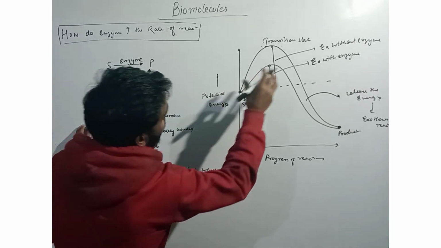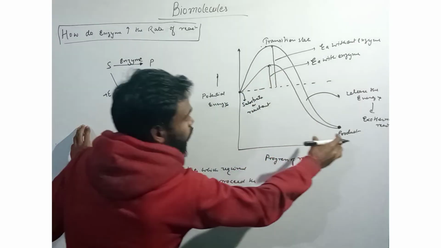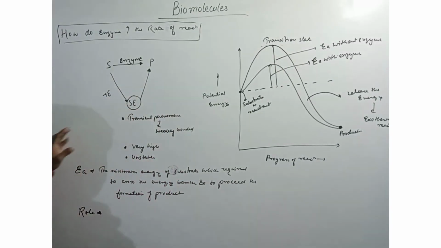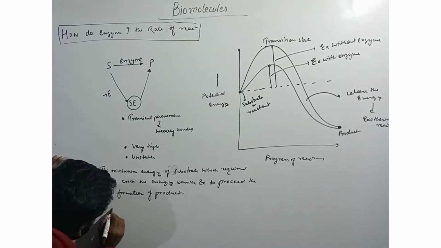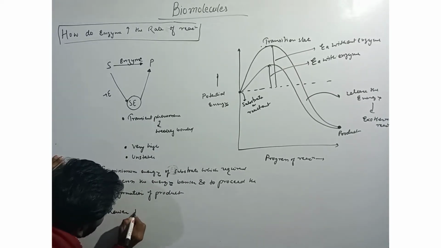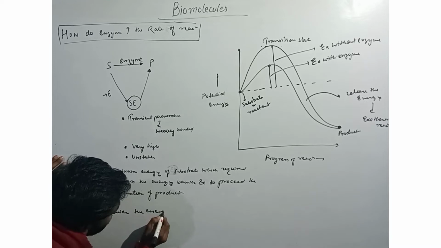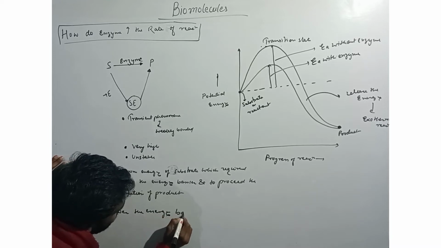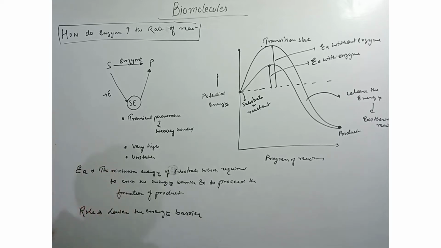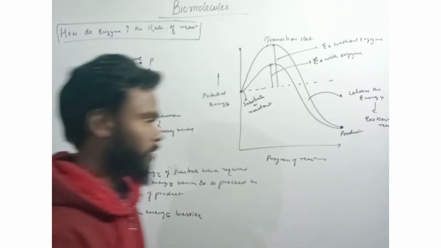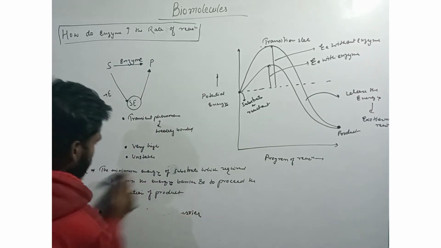When more molecules cross this barrier, more product will be formed. This is how the enzyme increases the rate of a particular reaction. Now let's proceed further.